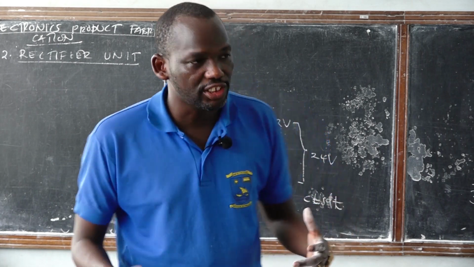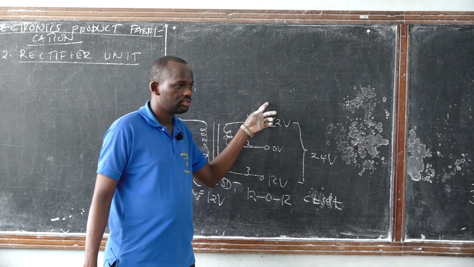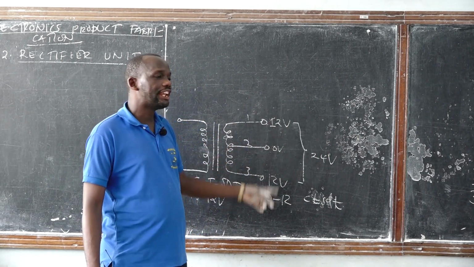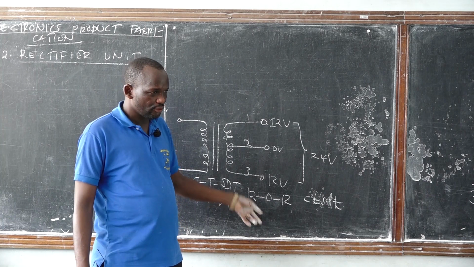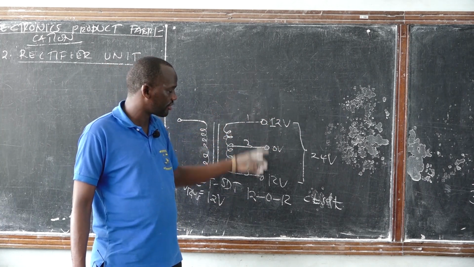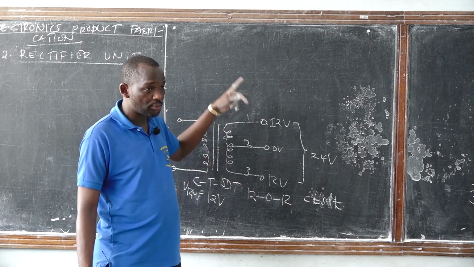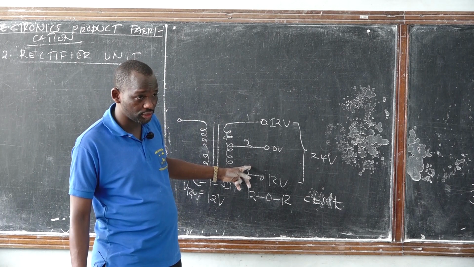Because if, for instance, in one of your designs you need 12 volts, and in another design you need 24 volts, for the non-center-tapped step-down transformer you need 2: one that provides 12 volts, the other provides 24 volts.